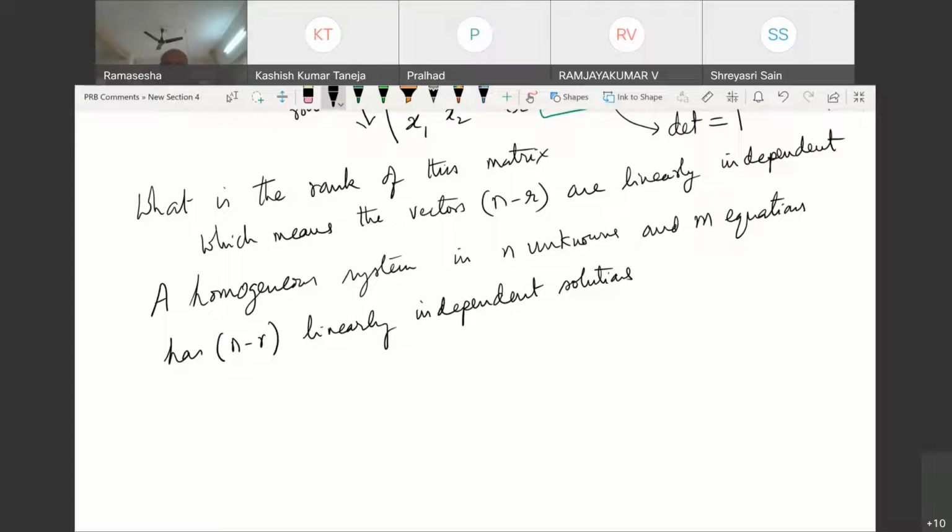Okay, so this is very important because we will come to eigenvalue problems where we will have to worry about these things.